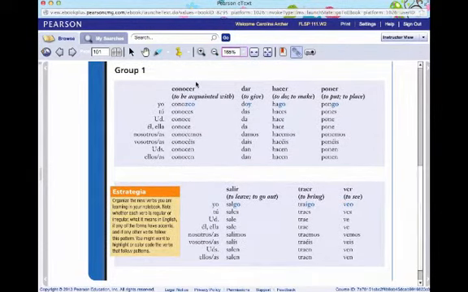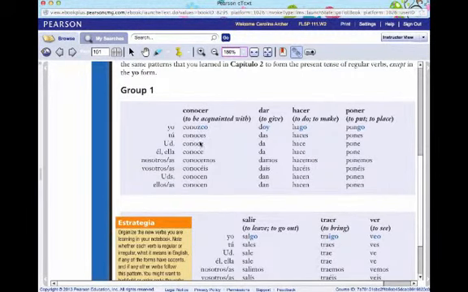So we have seven verbs here that we put in a group because they have the same characteristic, in that the only conjugation that is irregular is for yo.